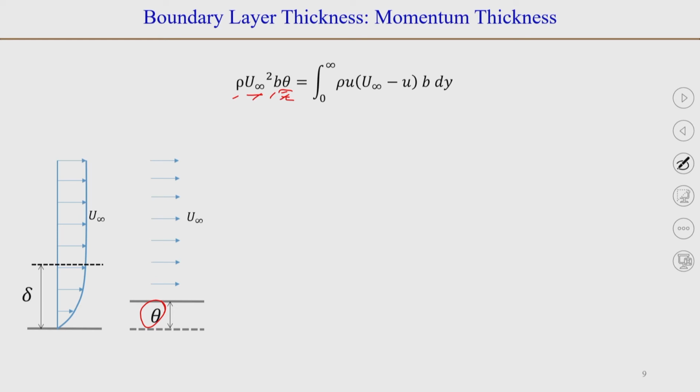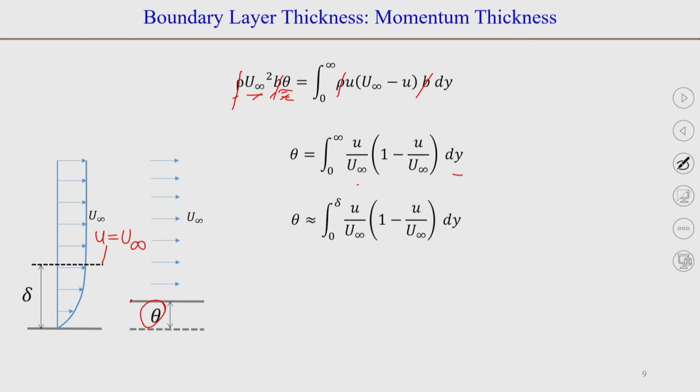We can cancel out the terms such as rho and b. So, this gives us theta is equal to integral 0 to infinity u divided by u infinity into 1 minus u by u infinity dy. And beyond the boundary layer, in the outer region, u is equal to u infinity.